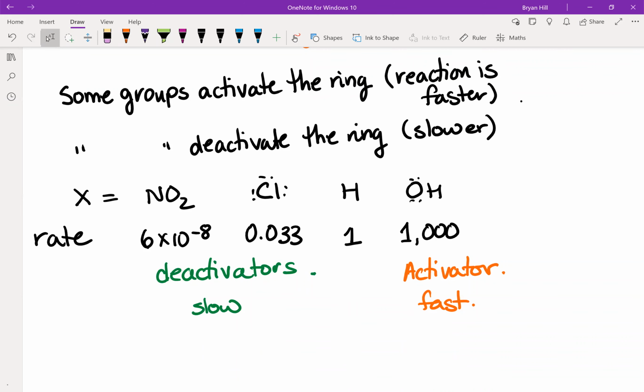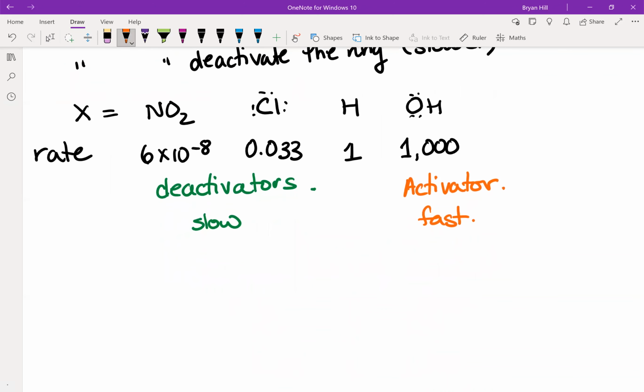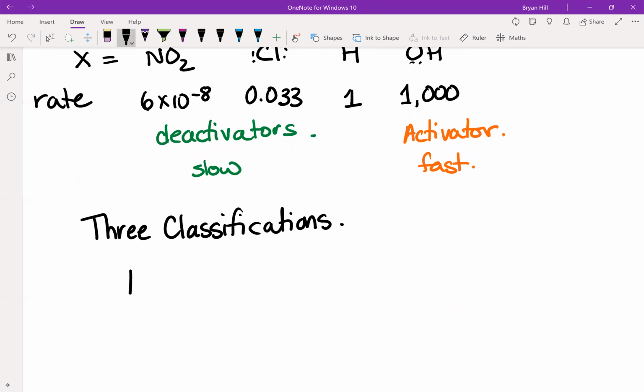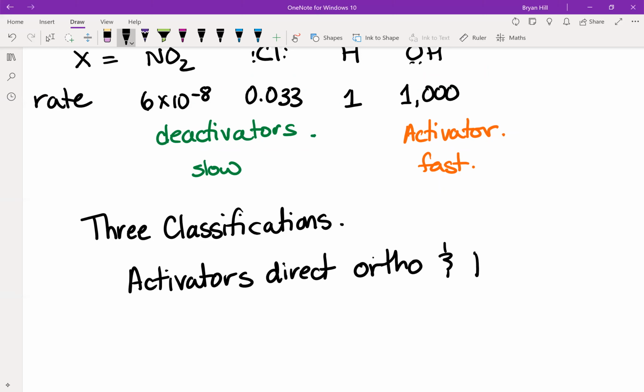So 3 classifications. First one is activator. Activators direct ortho and para.